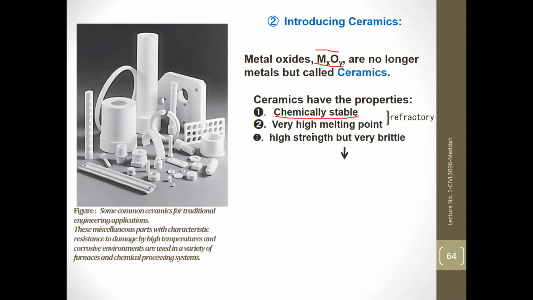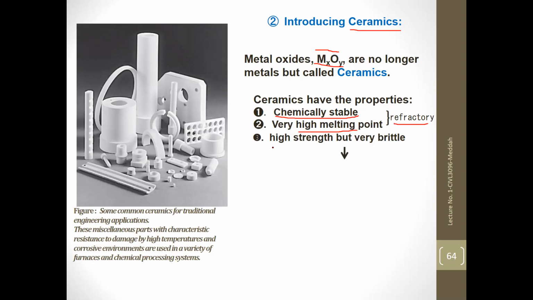Also, their melting temperature is very high compared to metals and polymers, and this is why they are used for refractory applications. Wherever you have applications where your structure or material is exposed to high temperature, ceramic materials are recommended rather than metals or polymers.